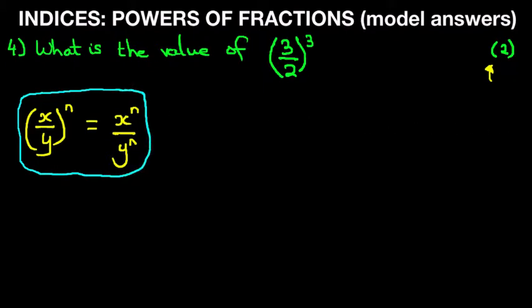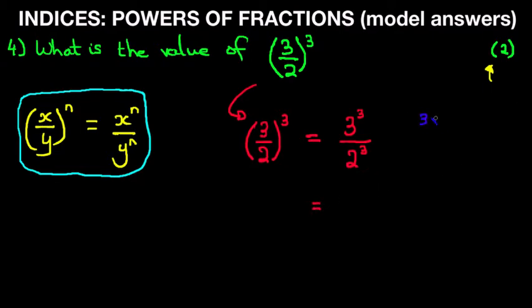Okay, now let's tend to our question. We have 3 over 2 to the power of 3. Let's just write this out again. So multiplying the numbers out and getting rid of the brackets, using our formula, this becomes 3 to the power of 3 over 2 to the power of 3. And we can multiply this out.